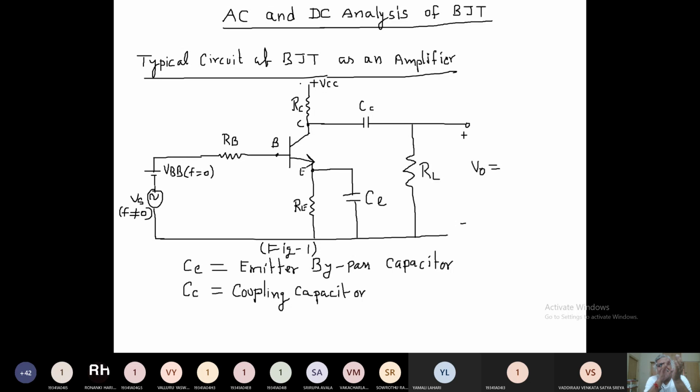So all these resistances have higher values, but the reactance due to the CC coupling capacitor and CE capacitor will be very less, almost 0.